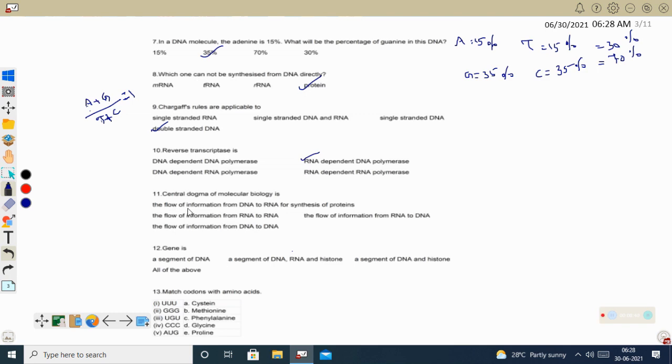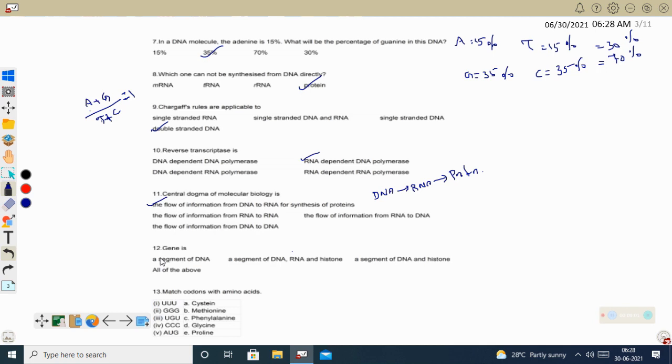Next question: central dogma of molecular biology. We have studied that the information passes from DNA to RNA, RNA to protein, right? So here the correct option is the flow of information from DNA to RNA for synthesis of protein, that is called the central dogma of molecular biology.